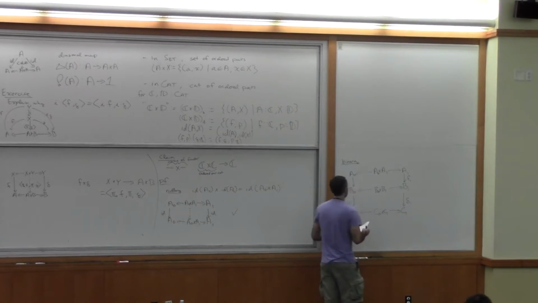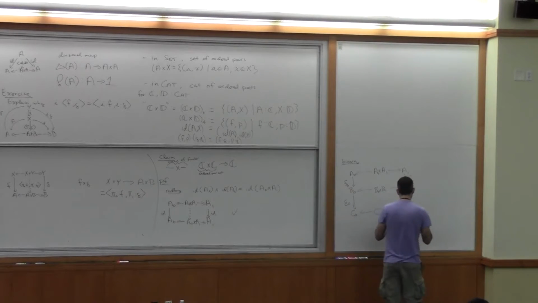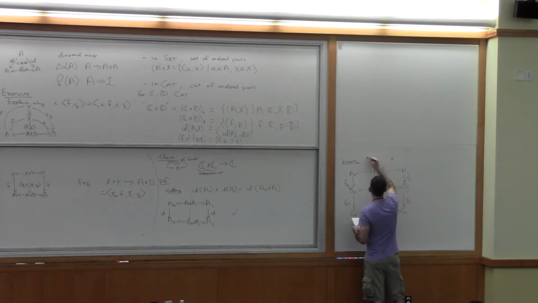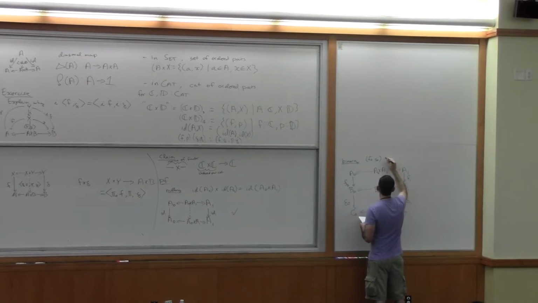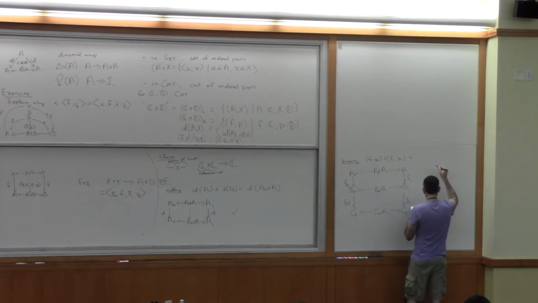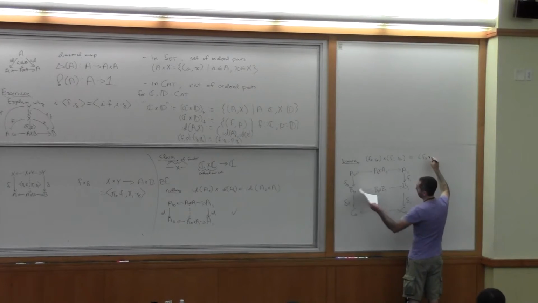Okay? So what I need to show is that if I take the product of F0 compose G0 with F1 compose G1, that is equal to the composition of F0 with G0.